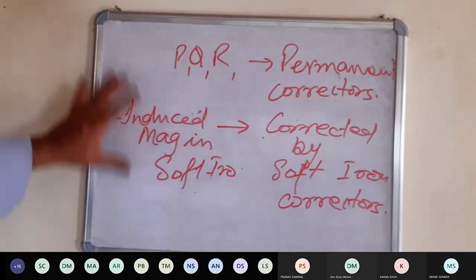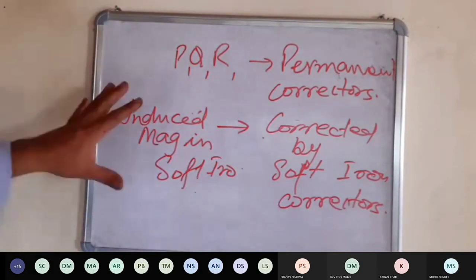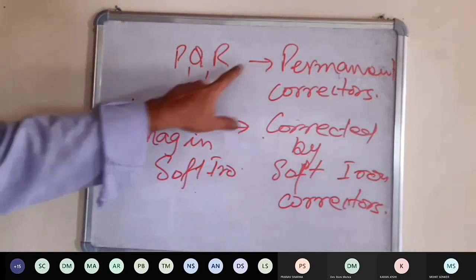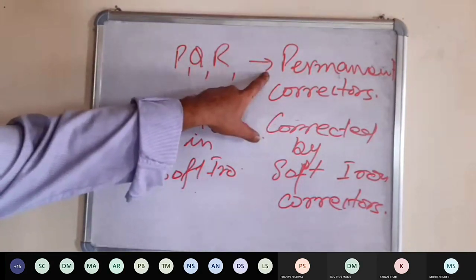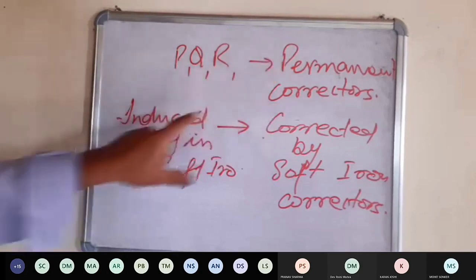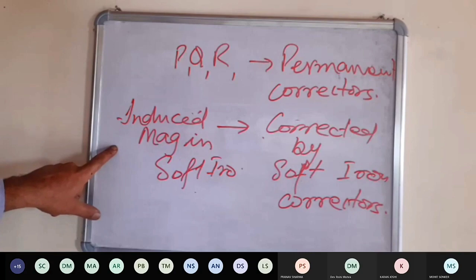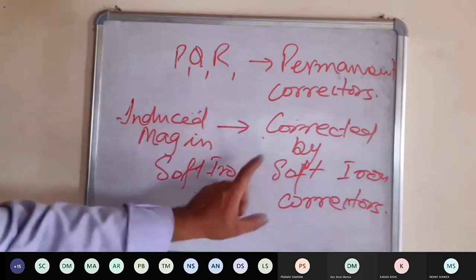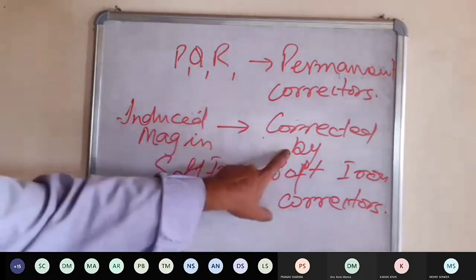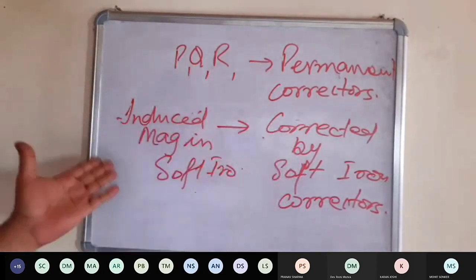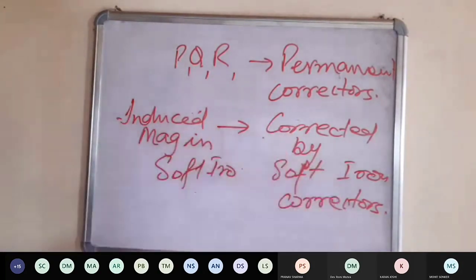This is the standard rule. What concept wise concept clear हो जाएगा कि जो परमानेंट मैग्नेटिज्म है PQR, उसको हम करेक्ट करेंगे परमानेंट मैग्नेट से, और जो इंड्यूस्ड मैग्नेटिज्म होती है उसको हम सॉफ्ट आयरन से करेंगे, ताकि जो इसमें क्रिएट हो वो इधर भी क्रिएट हो, लेकिन उल्टा एंड इक्वल हो, so that this effect is nullified by the corrector.